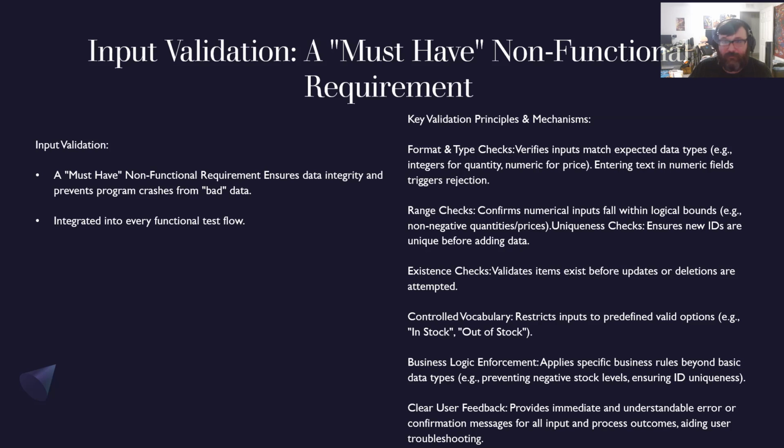We can implement format and type checks. These basically verify that inputs are matching the data types we had already specified. For an example, if you try to go into quantity and change it from in stock or out of stock to sold out, it's not going to match that data type because there are only two options: in stock, out of stock.